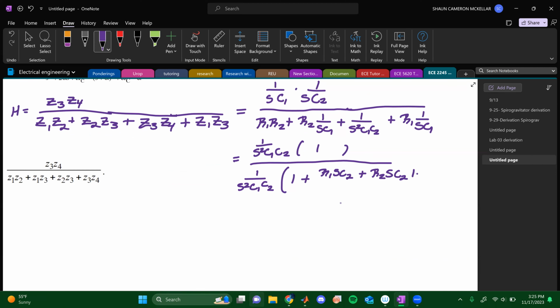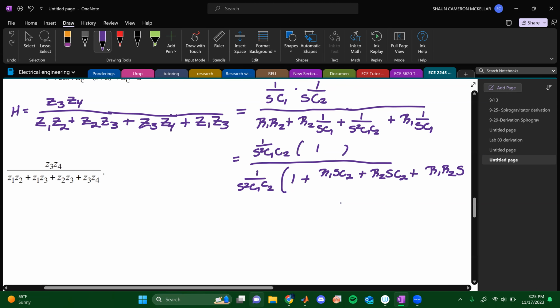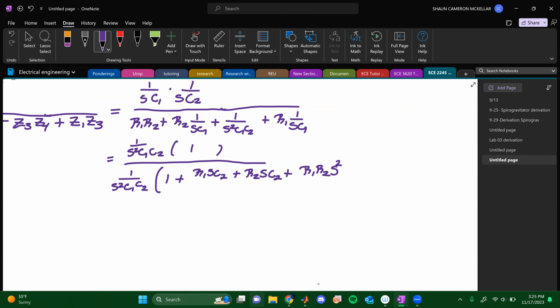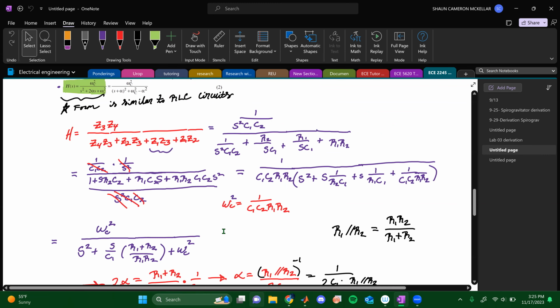And then plus r1 r2 s squared c1 c2. And I think I did all those steps correct. For some reason, that step's always hard for me. But yeah, so we end up with this equation.